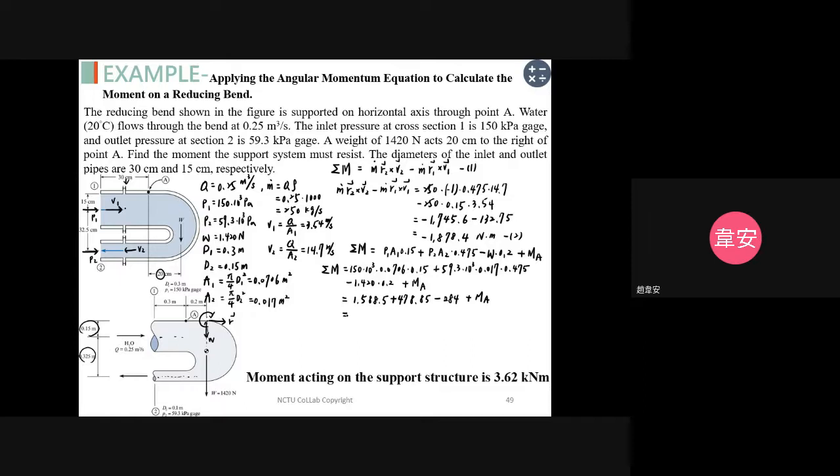Okay, so we can compute the total value: 1588.5 plus 478.85 minus 284. So here the answer is equal to 1783.4 plus the MA.